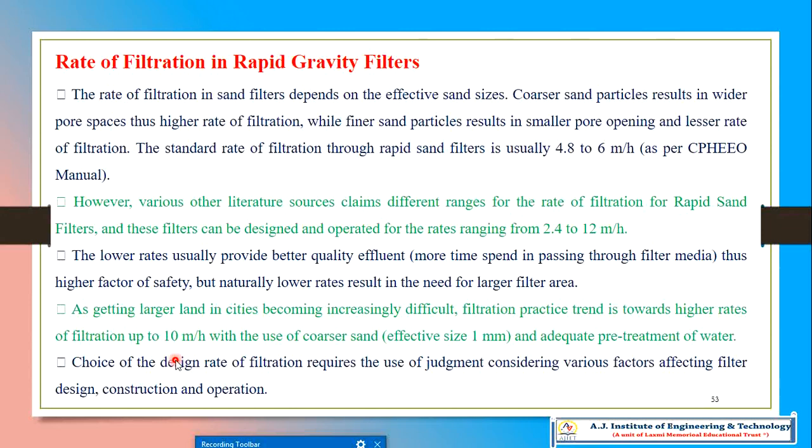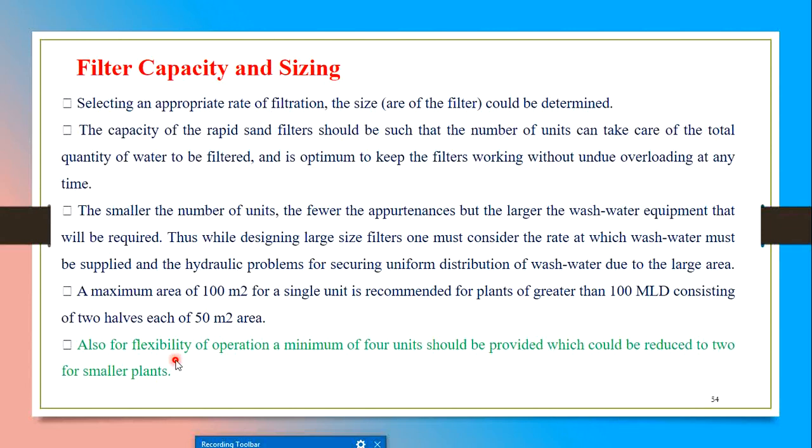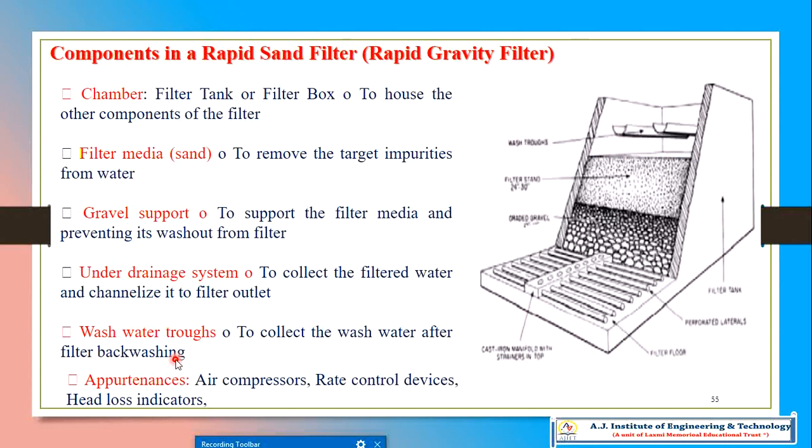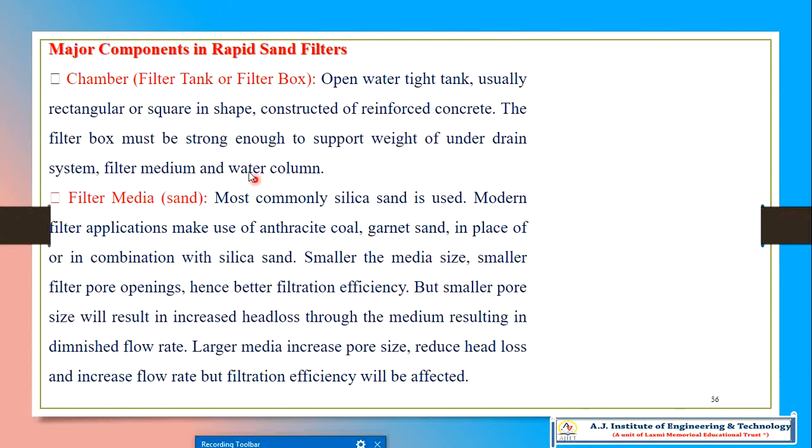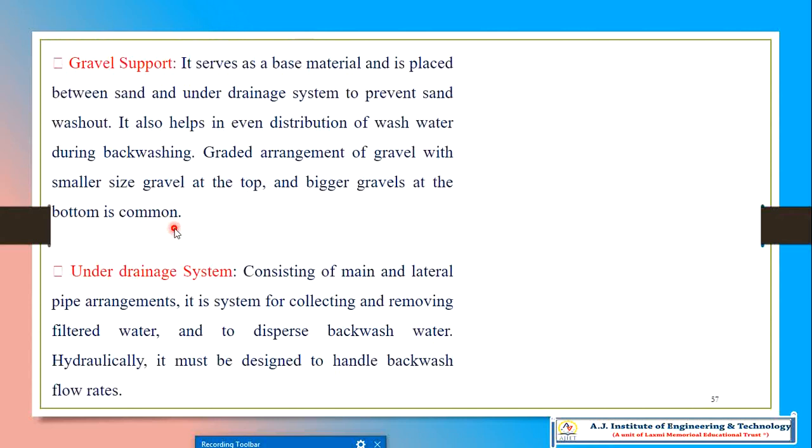The rate of filtration in the rapid gravity sand filter was discussed. Filter capacity and sizing, how the size and capacity of the filters should be maintained, and components in the rapid sand filter, that is chamber, filter medium, gravel support, under drainage system, wash water troughs, and apparatus.